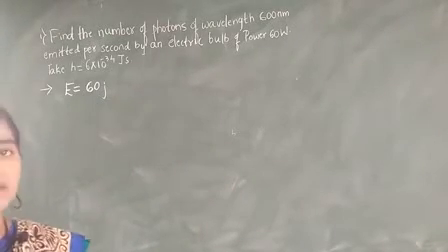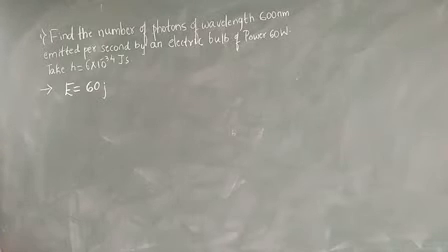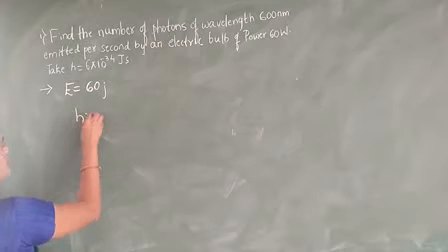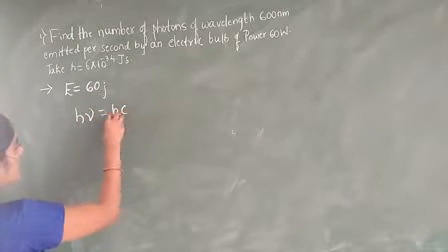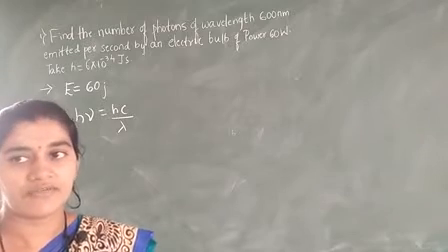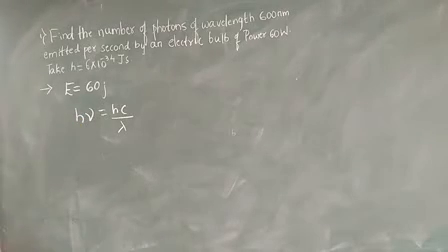Now next we have to consider the number of photons. Therefore in this condition, for photons, h mu is equal to hc by lambda. We know the value of h, we know the value of c and we know the value of lambda.